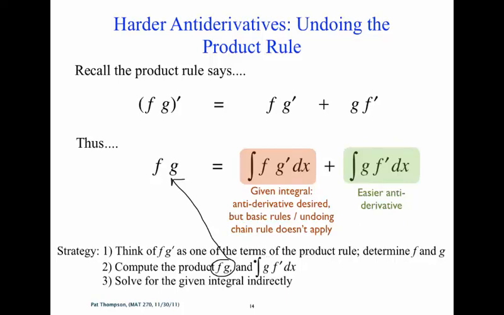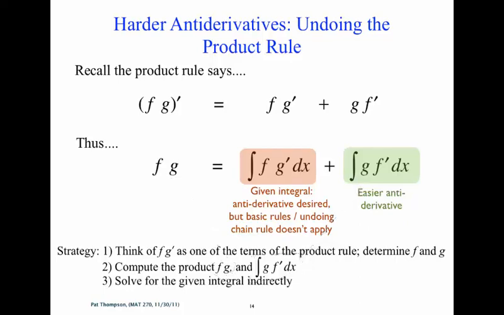Once we get f and g, we just multiply them together. And we're going to do this easier integral, the other one. If we can get those two, then we can solve our given integral without directly doing the antiderivative, but indirectly by taking what? f times g minus the result of the easier antiderivative, and that will equal the one that we're trying to find, you see?